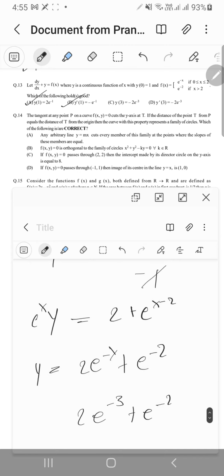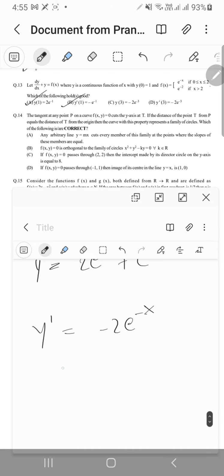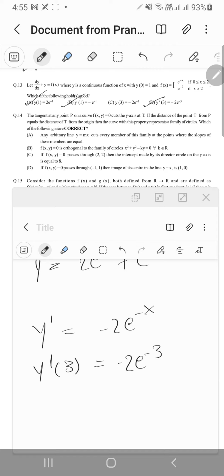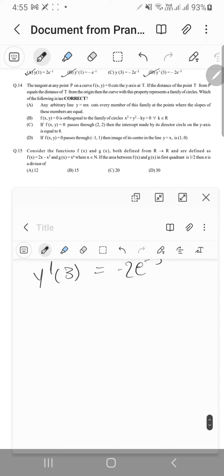Yeah, but that's not in the options, so this is not correct. Okay, and for y dash you would just have y dash equal to negative 2 e power negative x. So y dash of 3 would just be negative 2 e power negative 3, which is in the options. Cool.